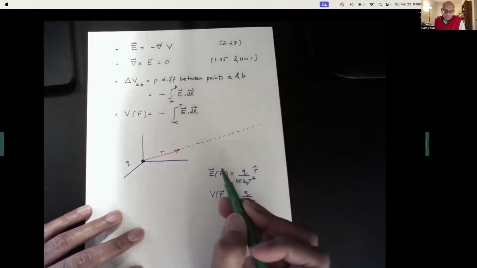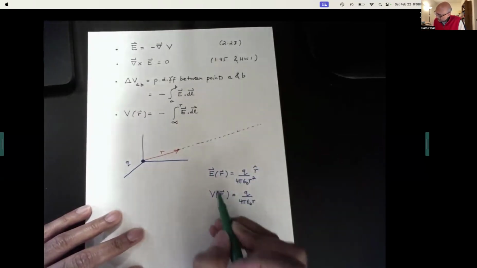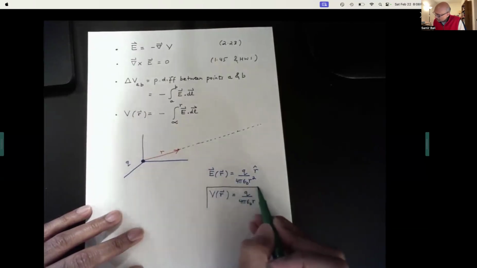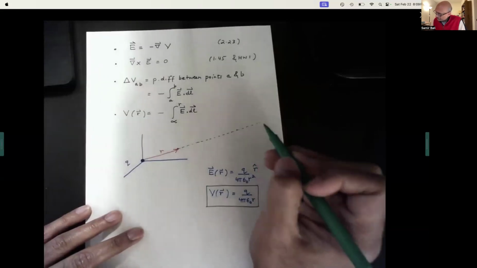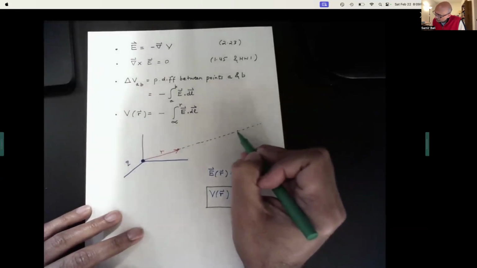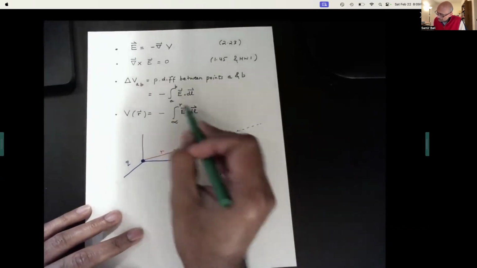So let's say I'm coming in from infinity toward this point R. If I want to prove this formula, and I want to go over that because there's a confusion with the negative sign which students often have. That's what this integral says.